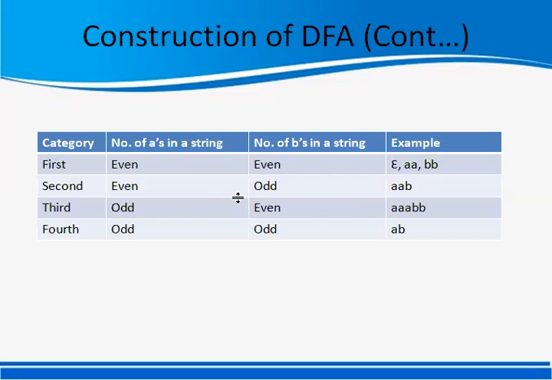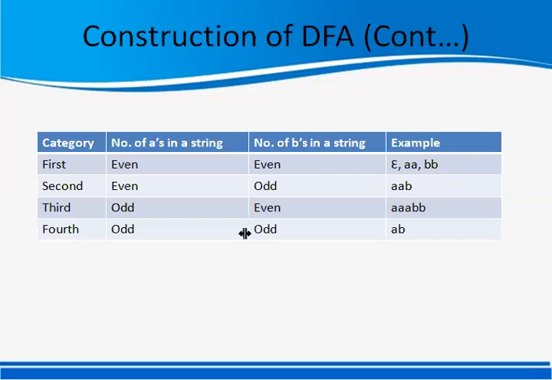For the second category, we have the string AAB. Here we have an even number of a's but an odd number of b's. Likewise, in the third category, we have AAABB. Here we have an odd number of a's and an even number of b's. In the fourth category, we have the example AB. In this string, we have an odd number of a's and an odd number of b's.